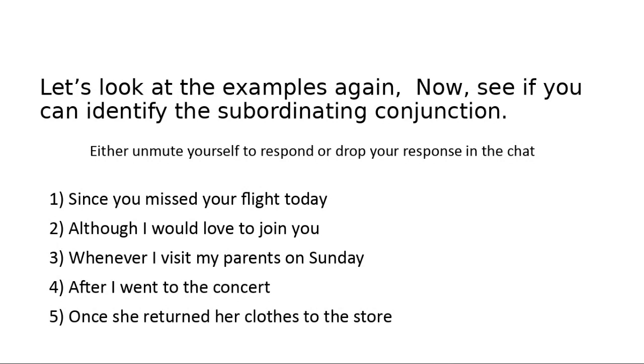So if I look at this number 1 and I say, since you missed your flight today, can you either unmute yourself or just drop it in the chat and tell me, what do you think is the subordinating conjunction in that sentence? Since. Absolutely. Good job. Yes. Perfect. The word since makes number 1 a dependent clause.